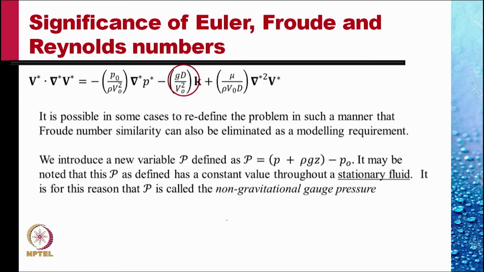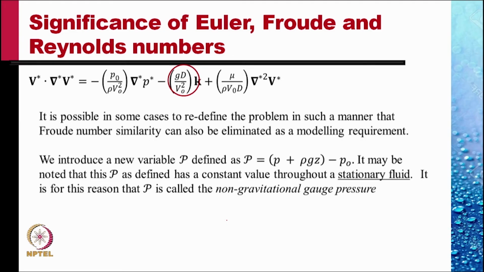Next, we consider GD by V naught square. It is possible in some cases to redefine the problem in such a manner that the Froude number similarity can also be eliminated as a modeling requirement. We introduce a new variable, a modified pressure, written as script P, defined as P plus rho Gz minus P naught.